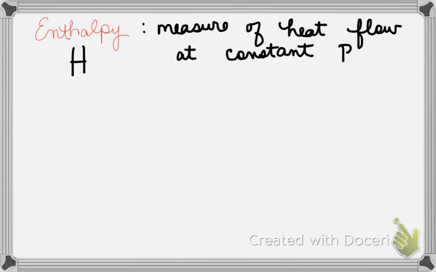Q, right? So heat flow at constant pressure, y'all, is like saying Q and you put a little P down by it to denote that, oh, that means heat at constant pressure. Heat is equal to enthalpy, equal to H, when you're at constant pressure.